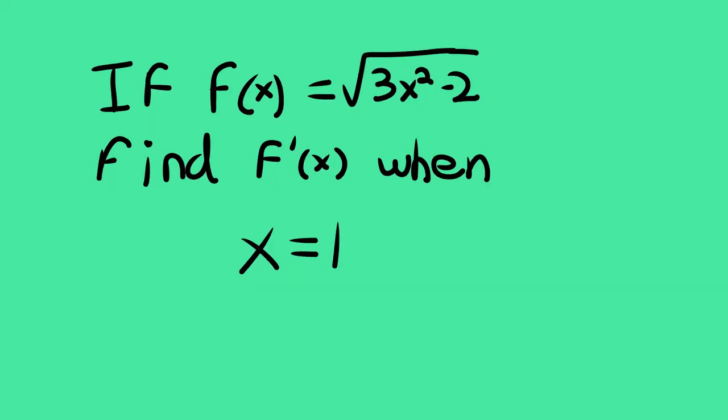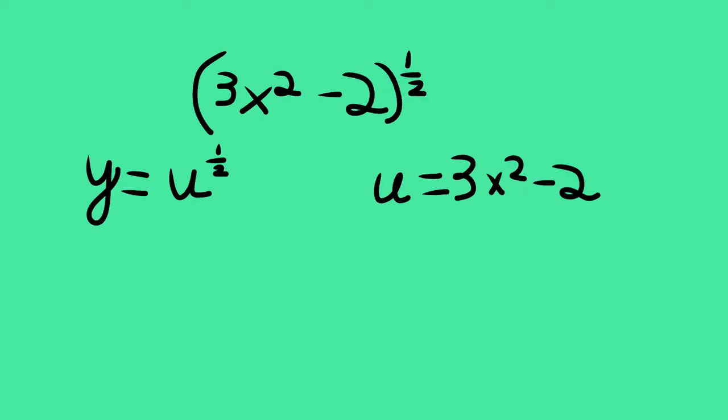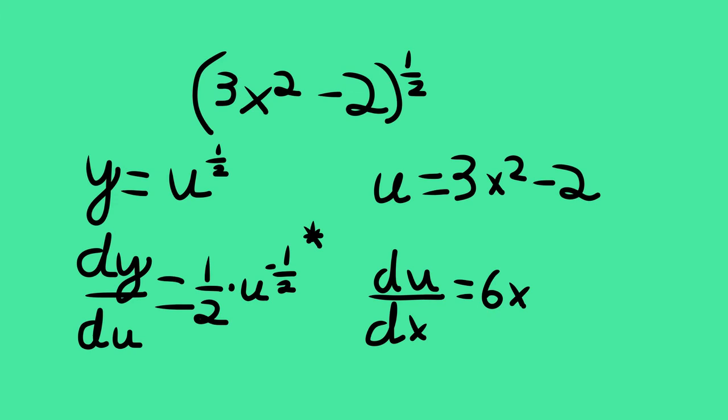And then a question here: if you've got f of x equal to root of 3x squared minus 2, find f prime of x when x is equal to 1. So as in the example we had earlier, square root is equal to the power of a half, so y is equal to u to the power of a half, and u is equal to 3x squared minus 2. Then the derivative of y will be 1 half u to the power of minus half. du/dx is 6x, because the derivative of a constant is 0.